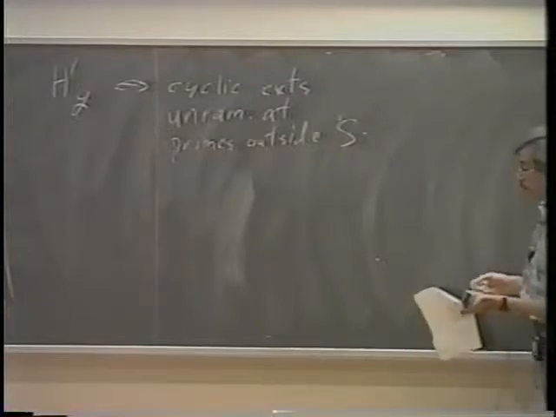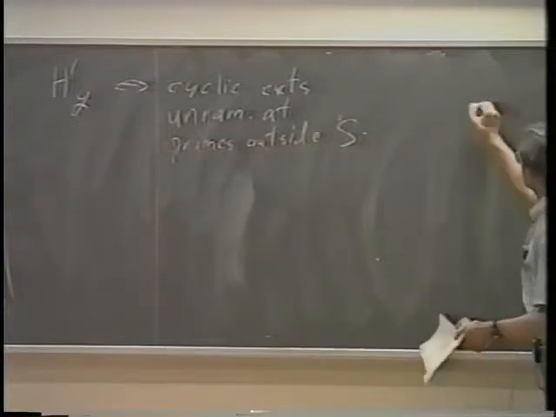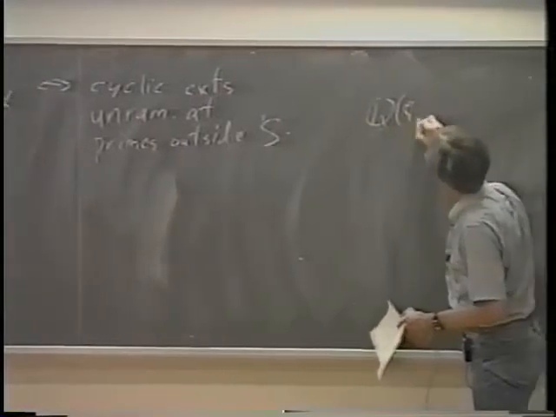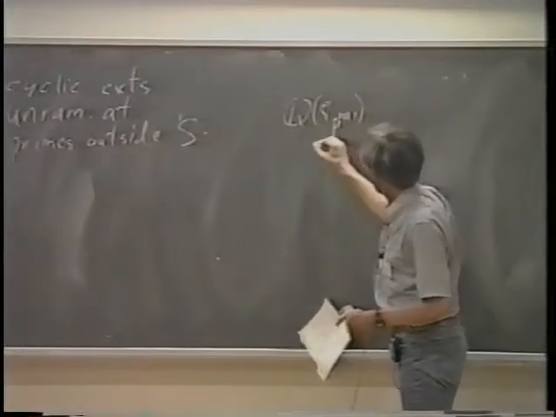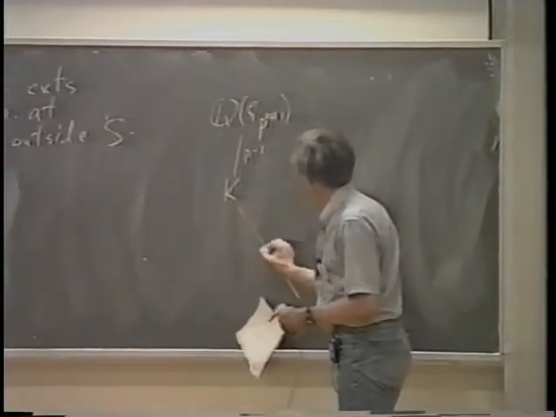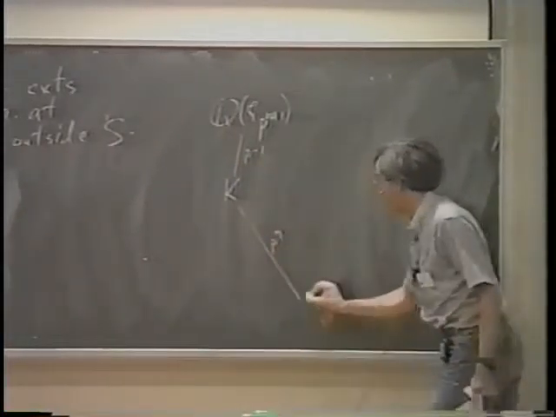Okay, we have Q(zeta_{p^{n+1}}). You can take off a p minus 1. You have a field K here. And you get a cyclic extension of degree p to the n.